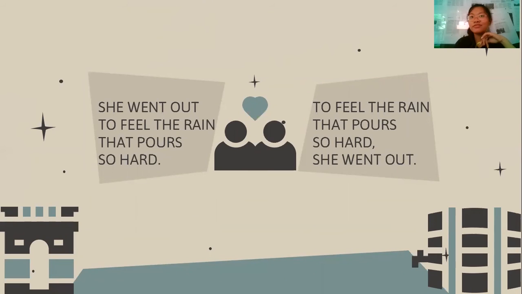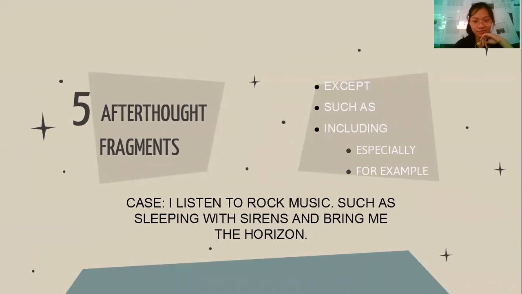Now let's move to the afterthought fragments. Sometimes afterthought fragments begin with transition words such as for example, except, and including, and many more, I believe. These are just some examples. The case is: I listen to rock music, such as Sleeping with Sirens and Bring Me the Horizon.